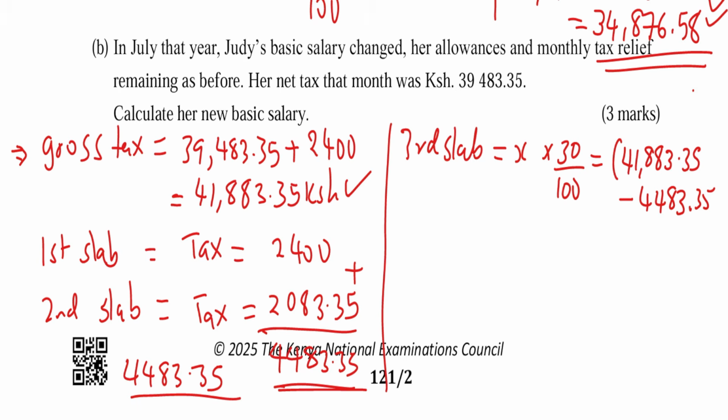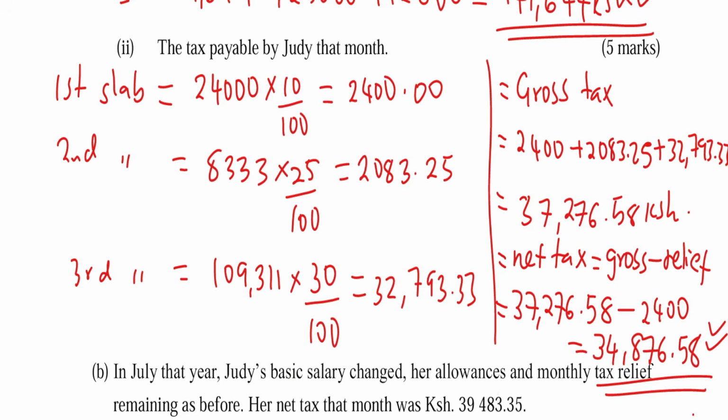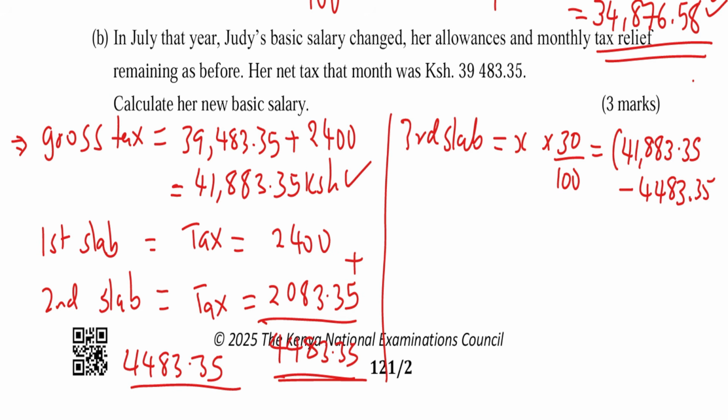Is it 35? No, it's 0.25, sorry. Ndo hapa upate 0.25. Sorry, my bad.